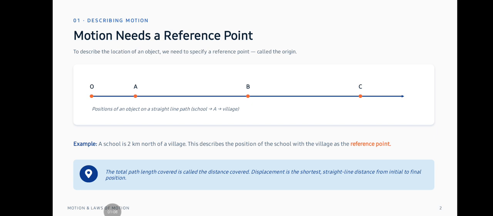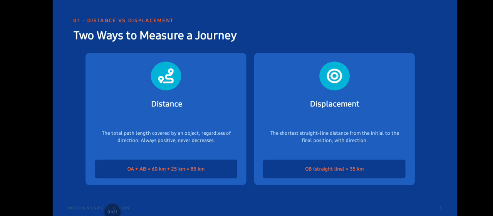The total path length covered is called the distance covered. Displacement is the shortest straight line distance from initial to final position. There are two ways to measure a journey: distance and displacement. So, the total path length covered by an object, regardless of direction, always positive, never decreases.